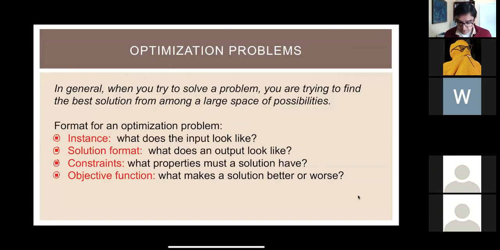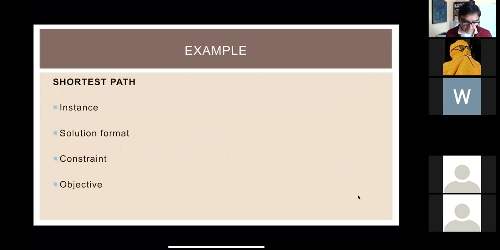So let's look at a little example. We've talked about the shortest path problem. In order to formally specify it, we need to put down these four things. So what is the instance? Well, we have a graph. And for shortest paths, we're typically going to have edge weights as well.